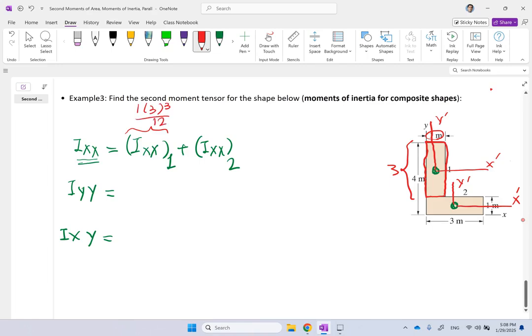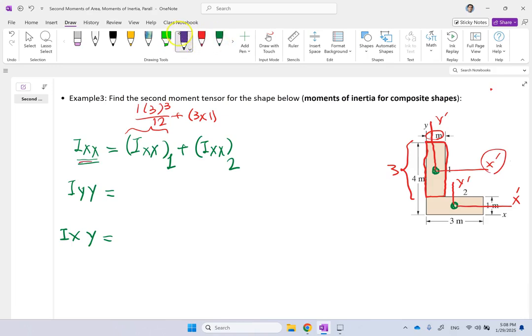This is for x prime, plus what? Plus the area of this shape. What's the area of it? 3 times 1, times the distance between this x prime and the x that you want, which is this. What is this distance from here to here?